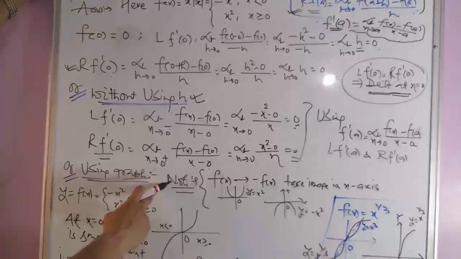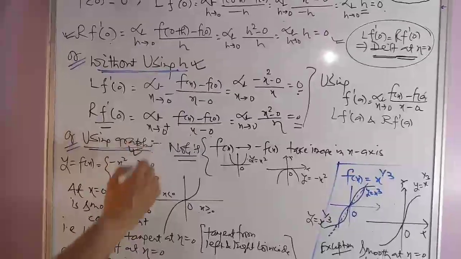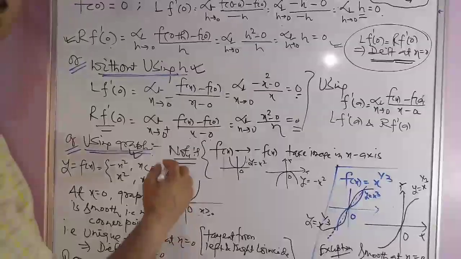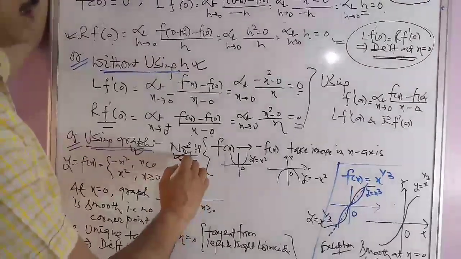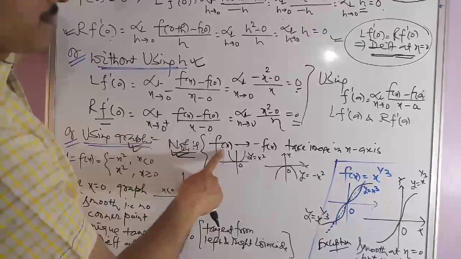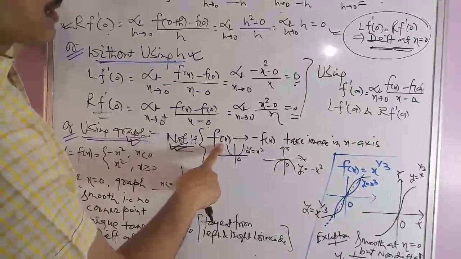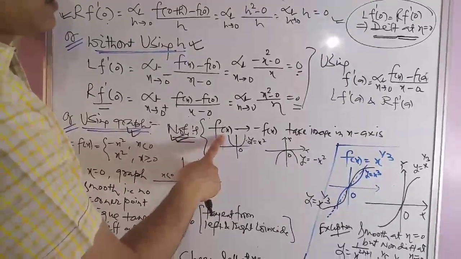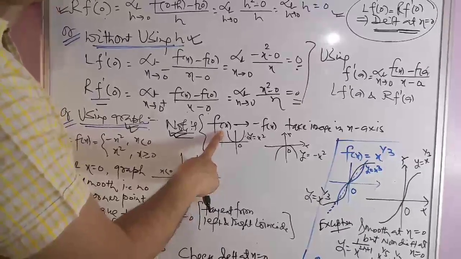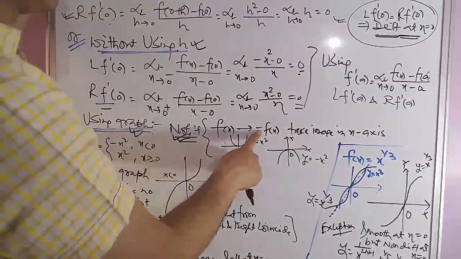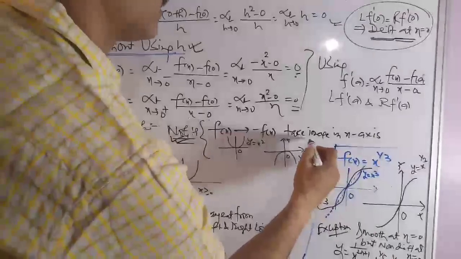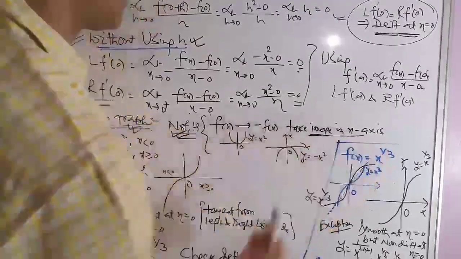We can also do this question using a graph. Here we have a result from transformation of graphs: if we have the original curve y equal to f(x) and we have to find -f(x), we take the image of the graph in the x-axis.